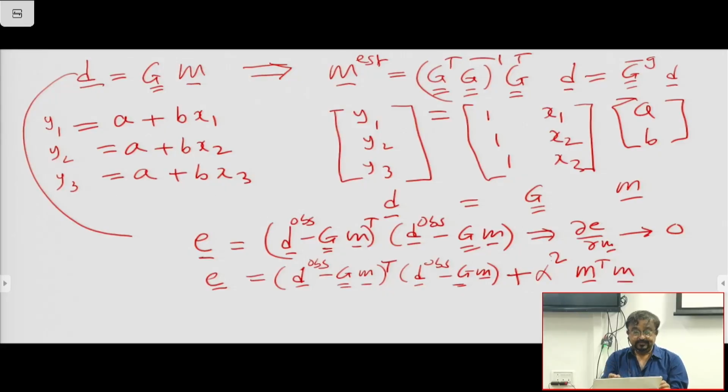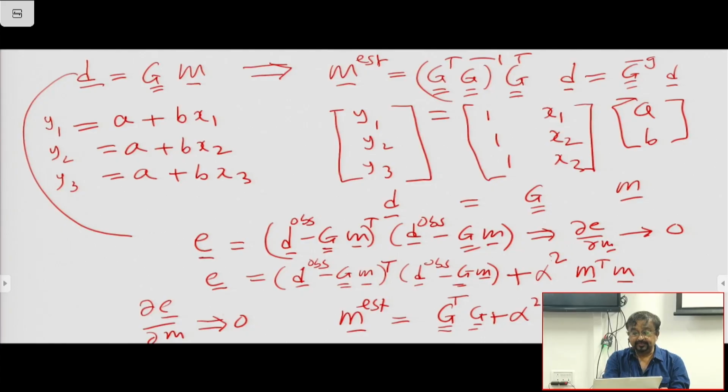So if you do this del E del M and set that equal to 0, what you will get is a new solution. M estimated will be your GT G plus alpha squared times an identity matrix, inverse, GT D.